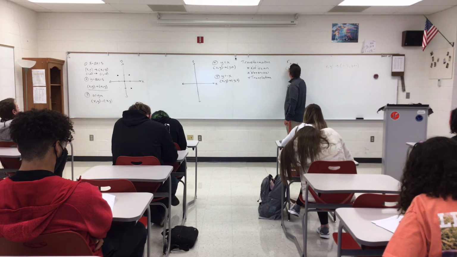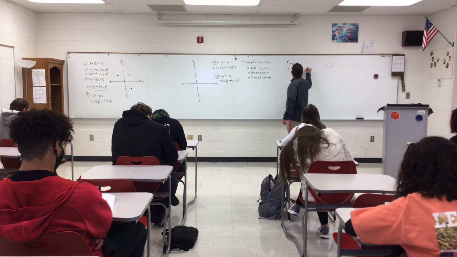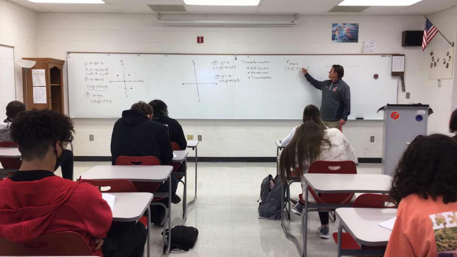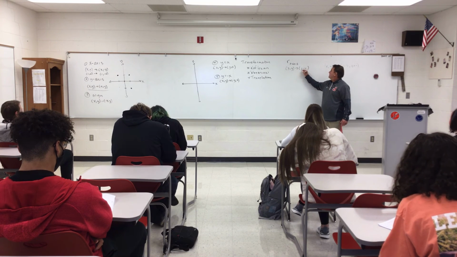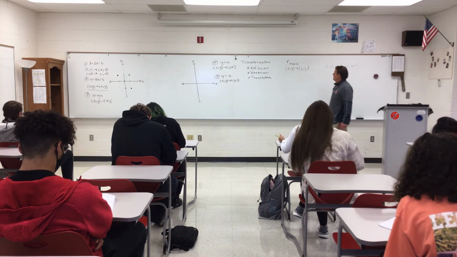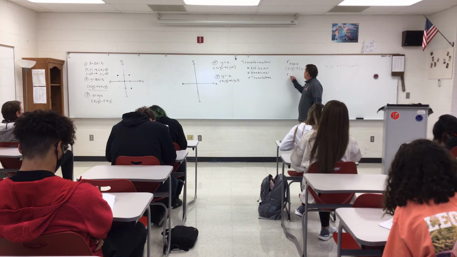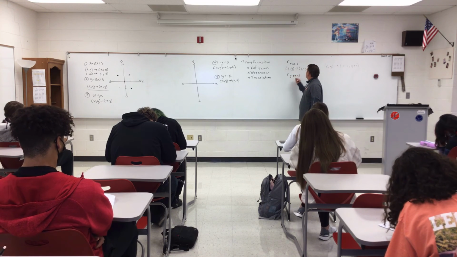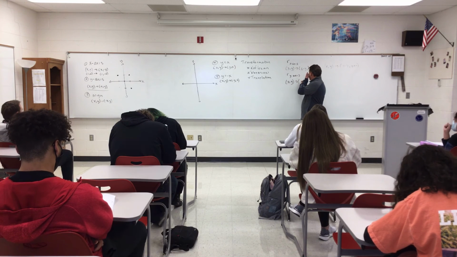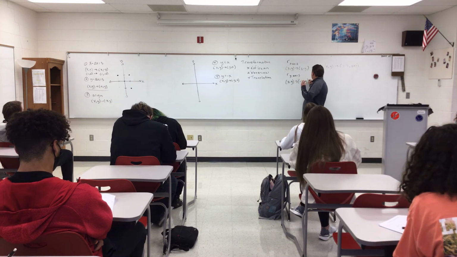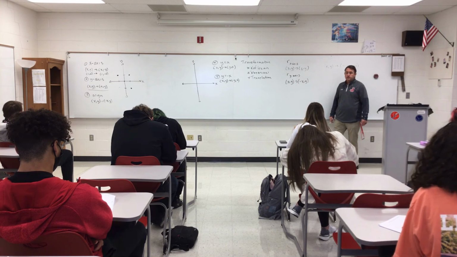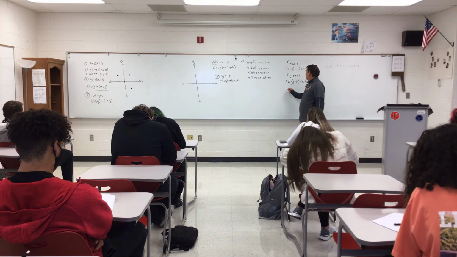Here's our rule. If it's xy, what do we say stays the same? The x, right? So it's x, negative y. Reflect over the y-axis is negative x, y. Y stays the same. And then reflect over the origin.